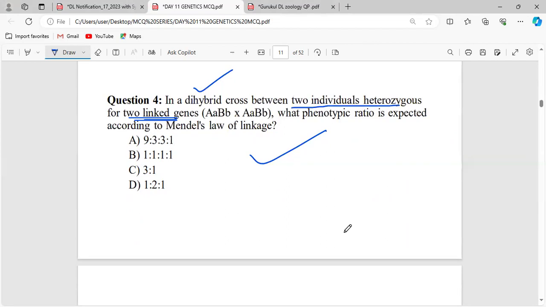In a dihybrid cross between two heterozygous individuals, they are saying that these are linked genes. What will be the phenotypic ratio? How will it be? Can you explain?